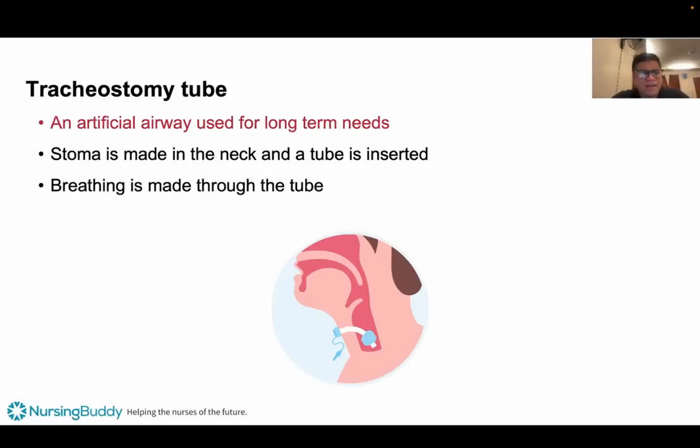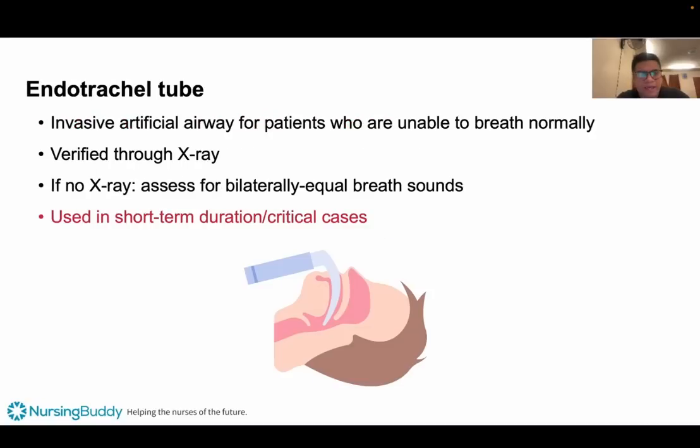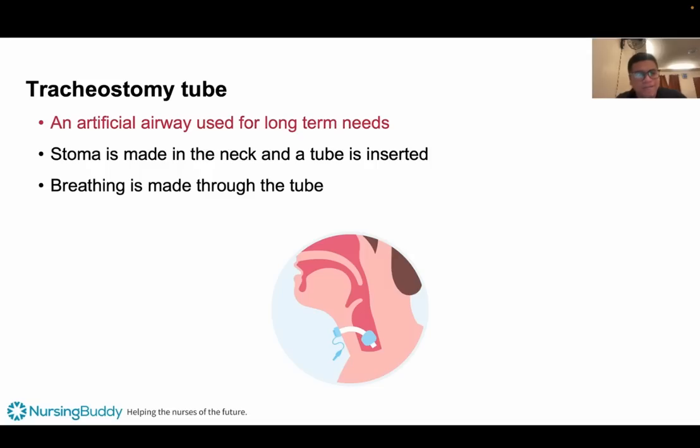Now, another thing is your tracheostomy tube. Because your patient can't be in endotracheal tube forever or for a longer time, we need your trach tube. So we call this trach tube. So tracheostomy tube is actually an artificial airway used for long-term needs. So short-term for your endo during hospitalization, while your trach is an artificial airway used for your long-term needs.